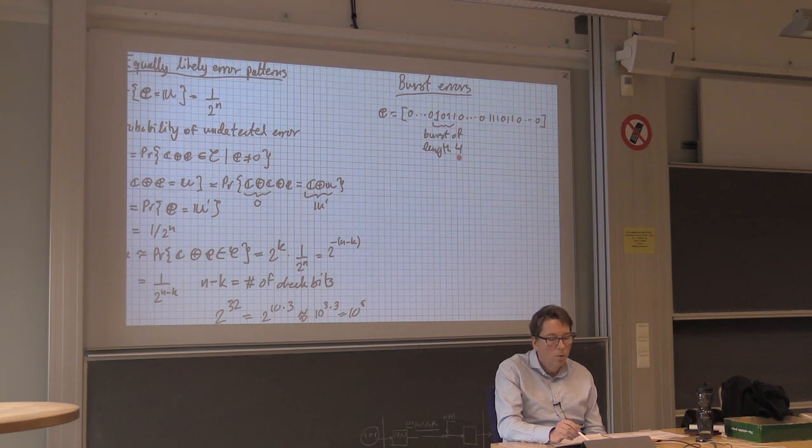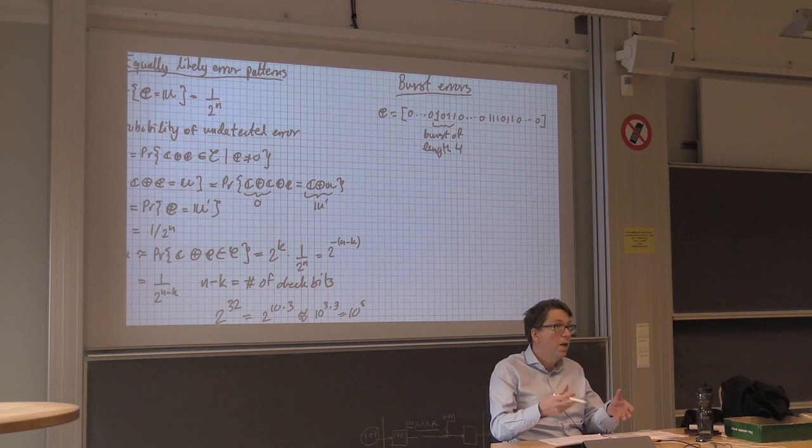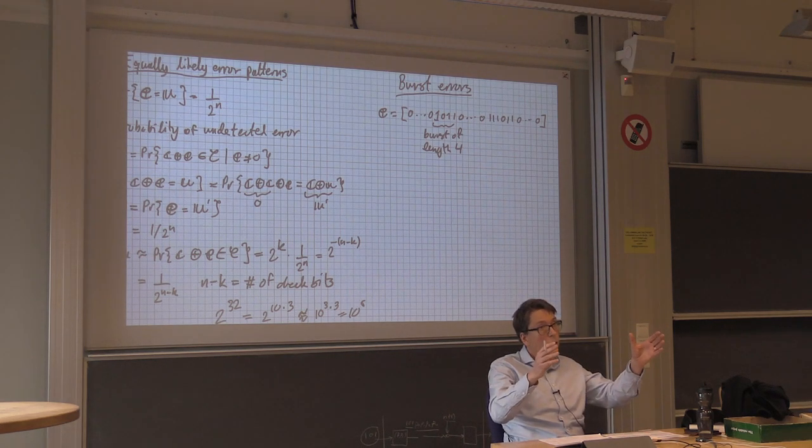Why is it length 4? Well, we count the first and the last error, and we count how many bit positions there are from the first to the last error. So that happens to be 4. Now, there are only 3 errors in this burst of 4. So a burst is not the same as the number of errors that occur. The burst is the length of the error pattern where we have errors.